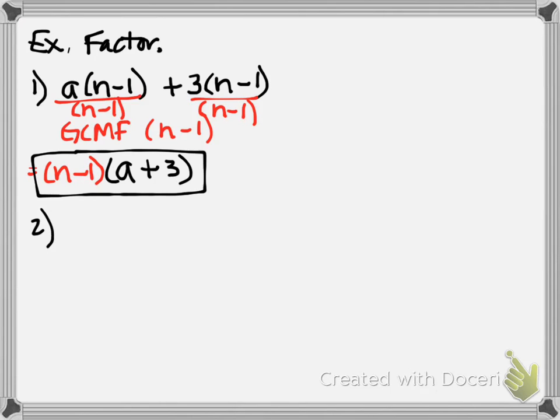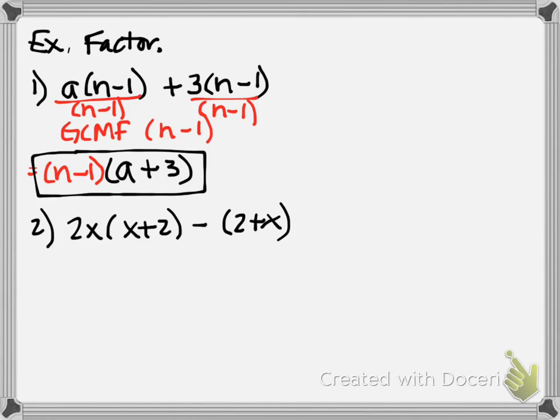How about this one? 2x times the quantity x plus 2 minus the quantity 2 plus x. Okay. Do you see something that they have that's the same? Right? Yeah, x plus 2.